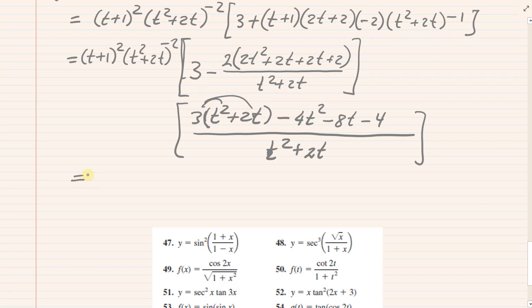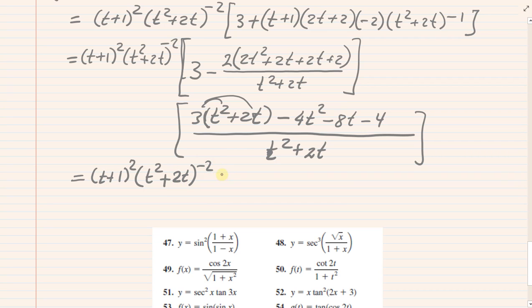So in the next step, I have (t plus 1) squared, (t squared plus 2t) to negative 2, plus t plus 1, (t squared plus 2t) to negative 2.